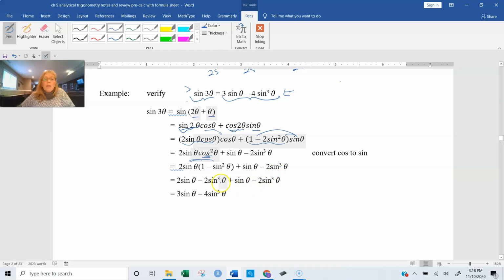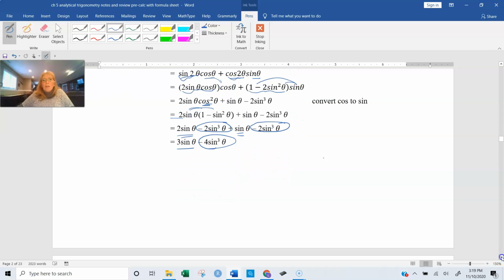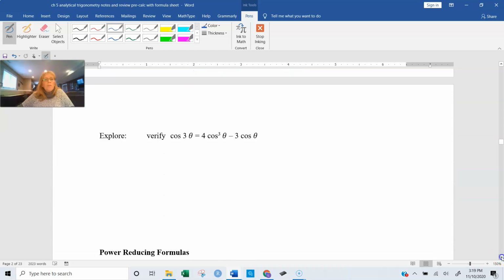Let's combine like terms. So I got a minus 2 sine cubed theta, a minus 2 sine cubed theta, which is minus 4 sine cubed theta. 2 sine theta plus sine theta is 3 sine theta, which is exactly where I wanted to be. So by choosing wisely, it led us to a very nice proof.